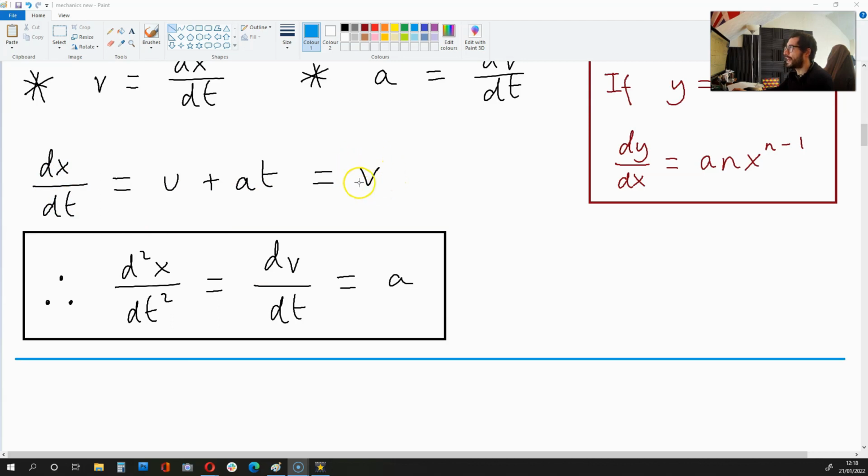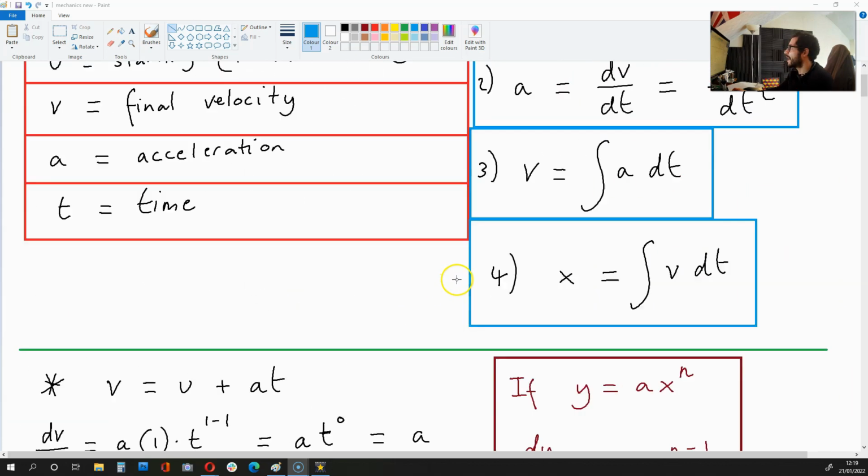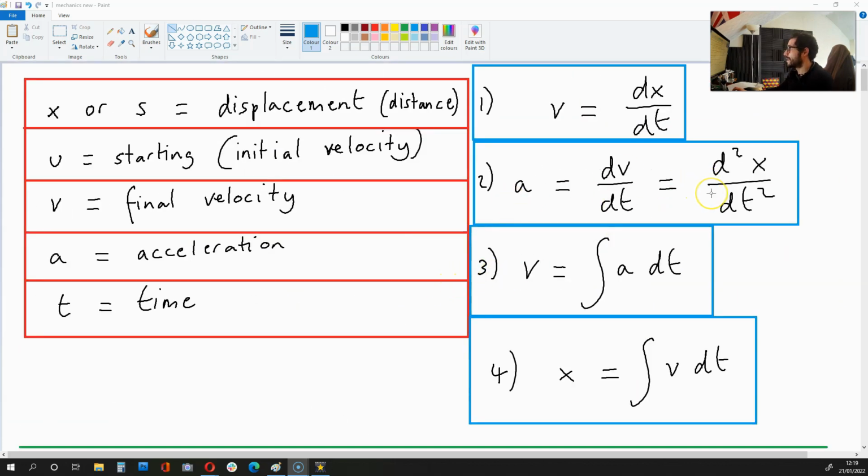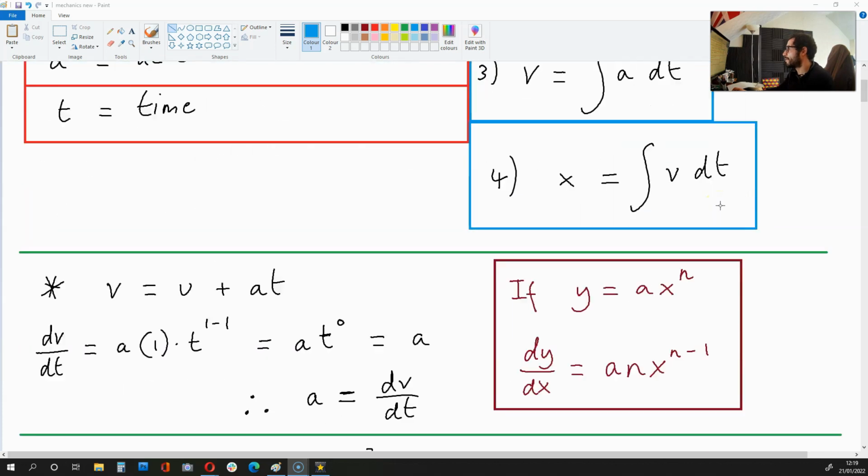And we know what we get if we get dv over dt. We get a. So if we differentiate this again, which gives us this second order derivative, we are going to get dv over dt. Okay? And that is a. So we've shown that a is the second order derivative of displacement with respect to time.